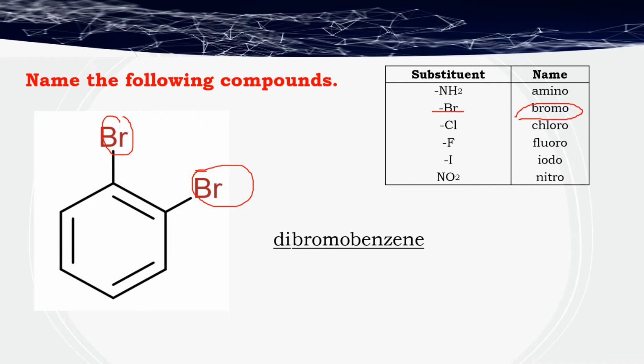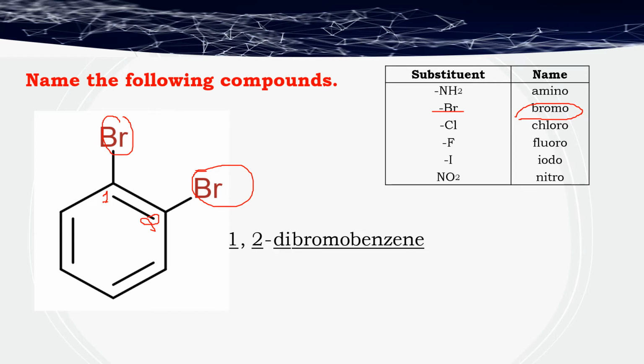And then let us number this ring starting at the top. So we have 1 and 2. So let us number our substituents. In the number 2 carbon atom, we have bromine. And then in the number 1 carbon atom, we have also a bromine.